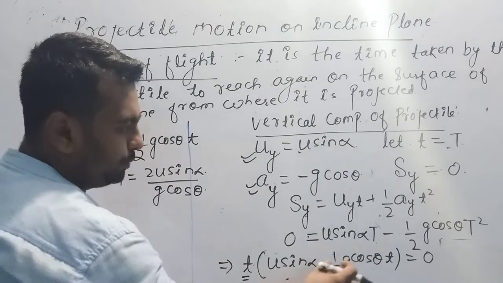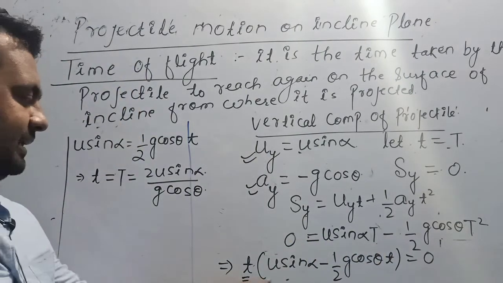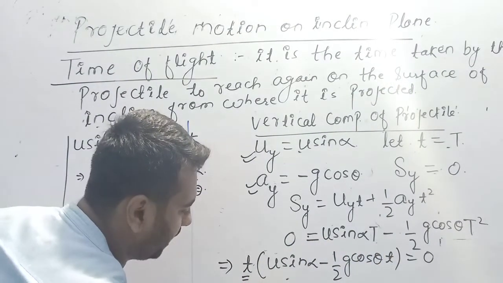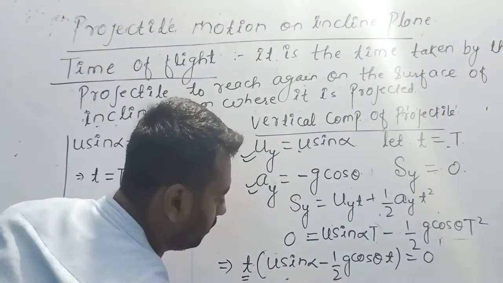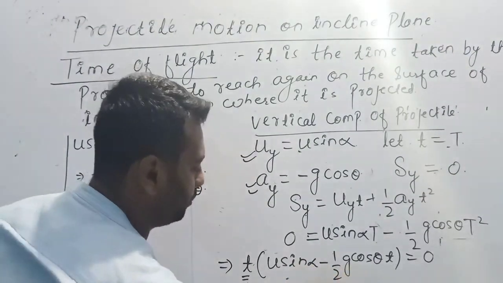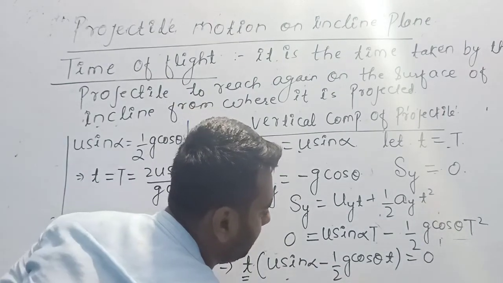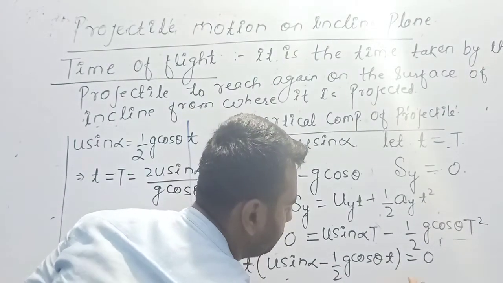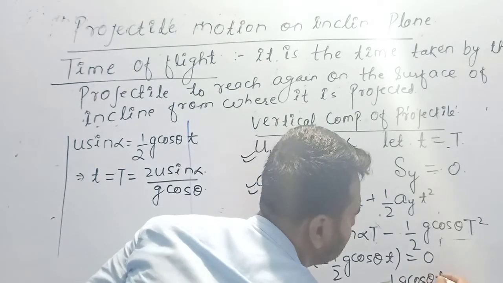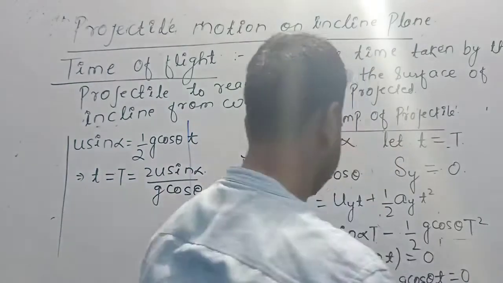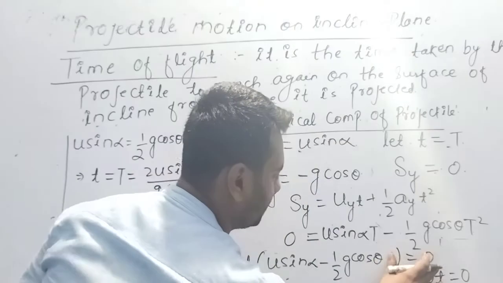If the product of two terms is 0, then either t is equal to 0, or this much is equal to 0. u sin alpha minus half g cos theta into t is equal to 0. I think there is no doubt regarding this.